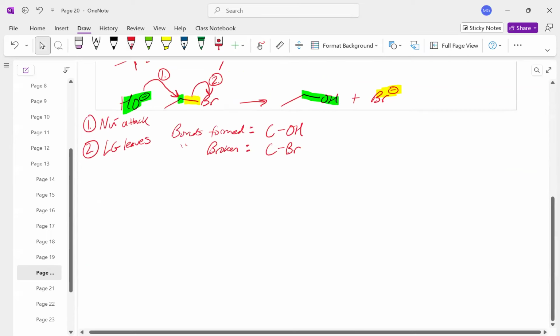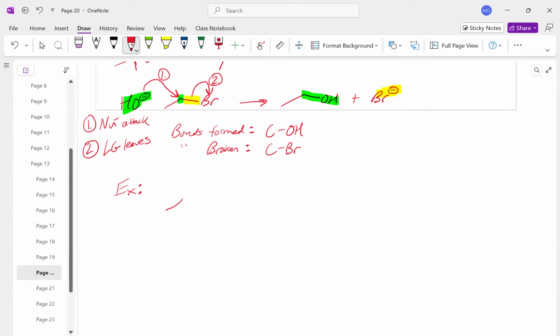All right, let's look at one more cool example before we move out of this. And we'll take some time to draw.